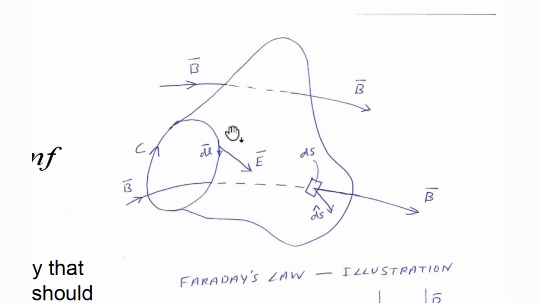So the line integral of the electric field along a closed path is equal to the rate of change of total flux coming out of the area enclosed by this path.